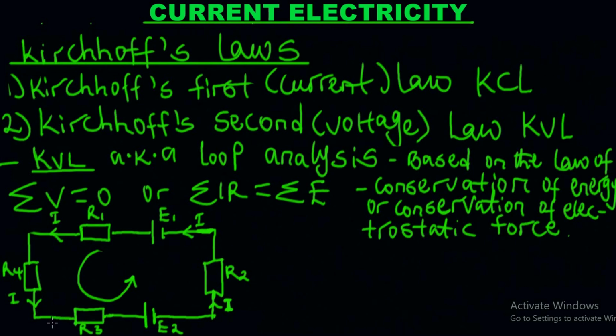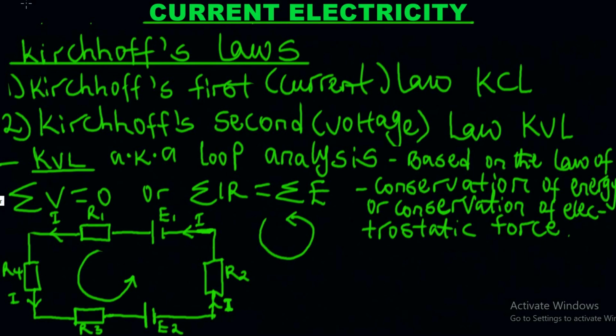According to this loop, this is the direction of flow, so the voltage drop across this resistor will be negative because it's aligned with the direction of flow. Same with this resistor, because the current will flow like this and still come here, going in this anti-clockwise direction. You get it? Same with this resistor and also this resistor.